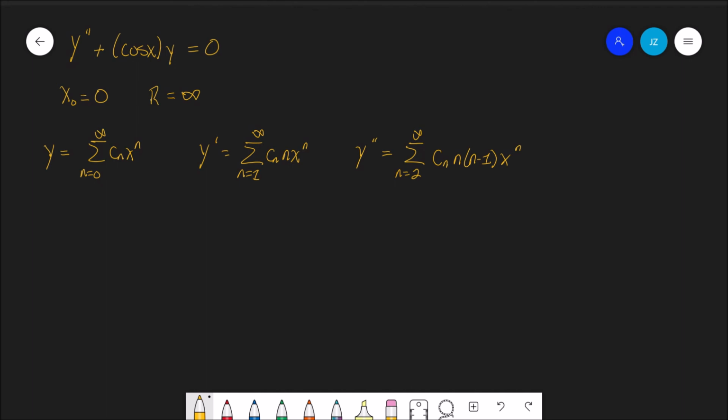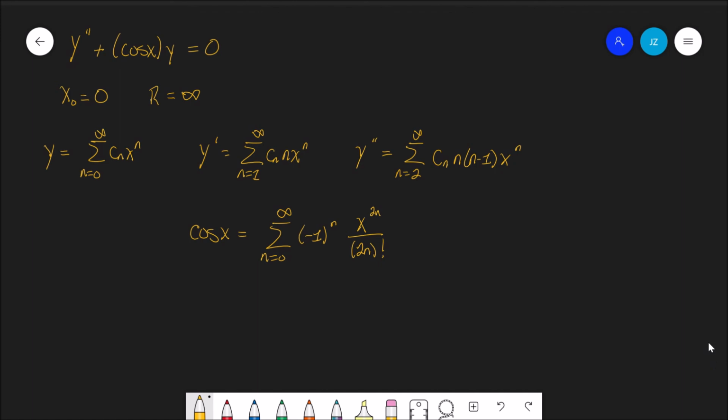We will also take note that cosine of x can be represented by the series n equals 0 to infinity minus 1 to the n x to the 2n over 2n factorial. This you should have studied in Calculus 2. We will now replace all of the terms in the differential equation by these.